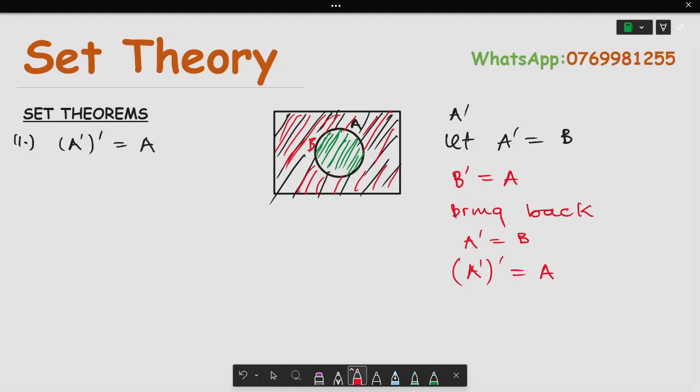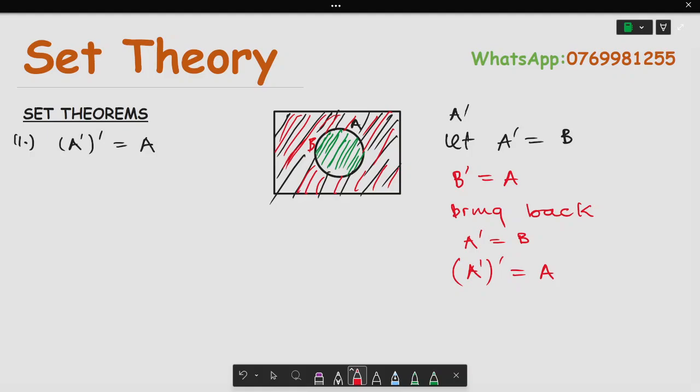The complement of a complement is equal to that given set. So if the set is A, the complement of A complement is just A. You can actually memorize this, but this is the explanation behind this property.